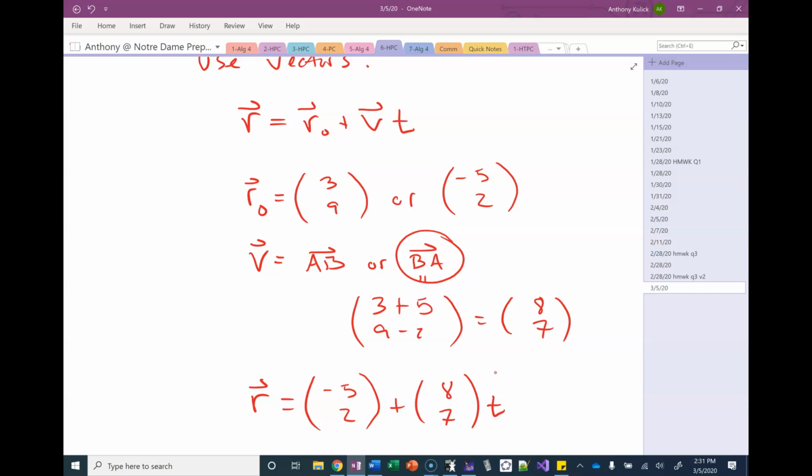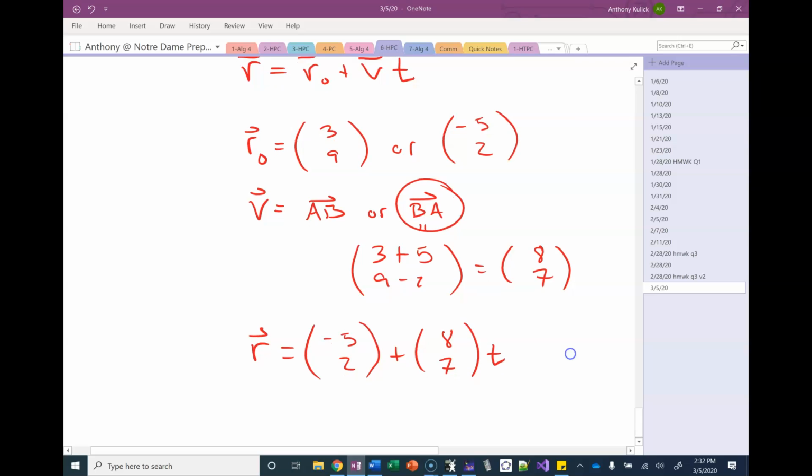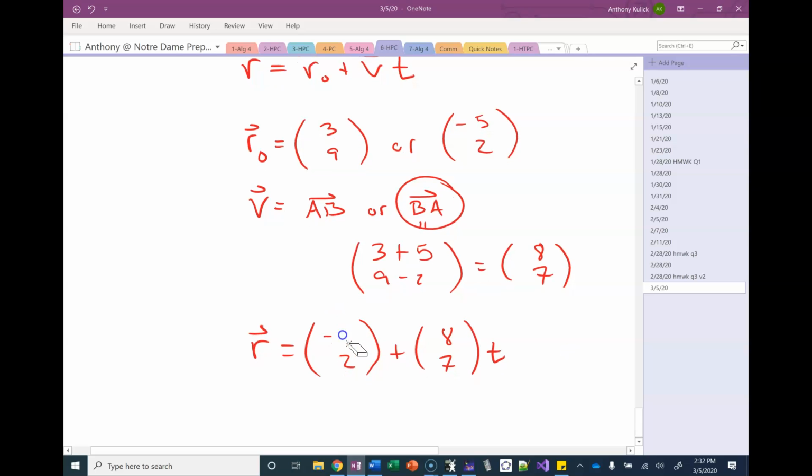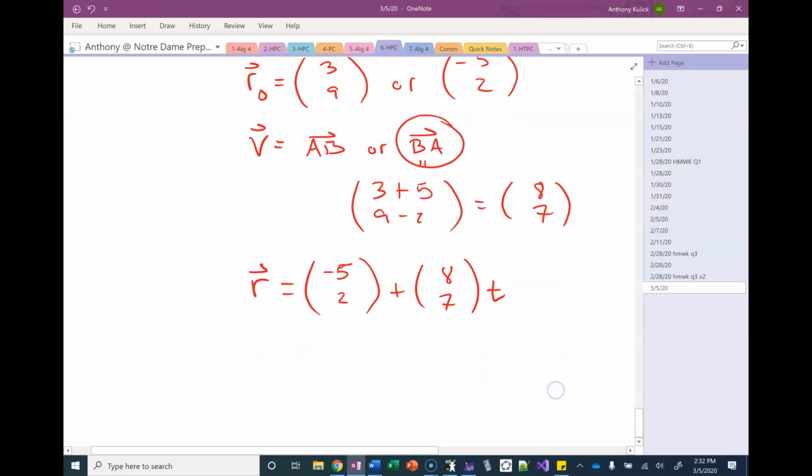Everybody's okay with this? So there's my vector equation for a line. You want to use (3, 9)? You could use (3, 9). That's fine. You're good? Okay. So that's everything I need.